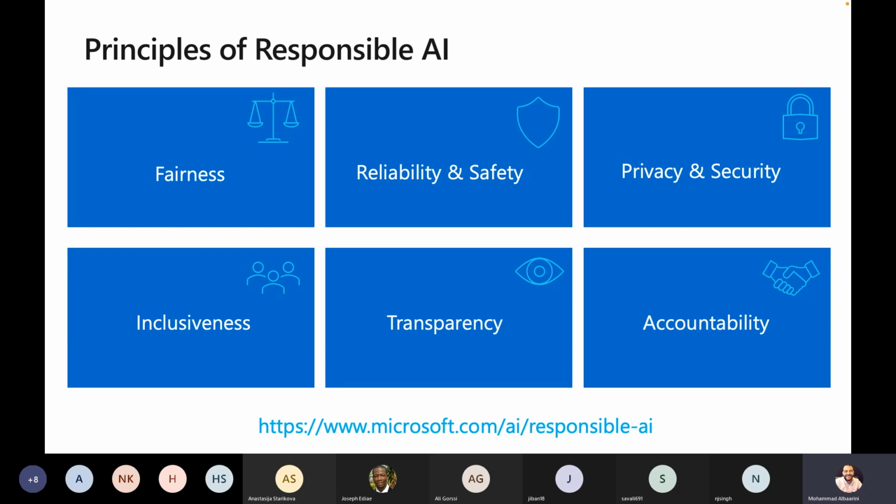The third principle that we have is privacy and security. AI systems should be secure and respect privacy. The machine learning models on which AI systems are based rely on large volumes of data, which may contain personal details that must be kept private.